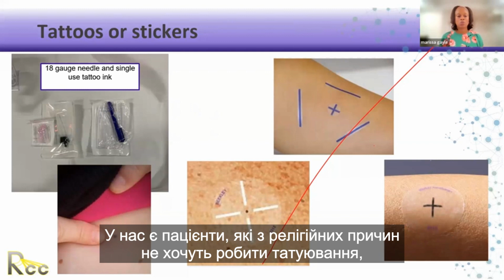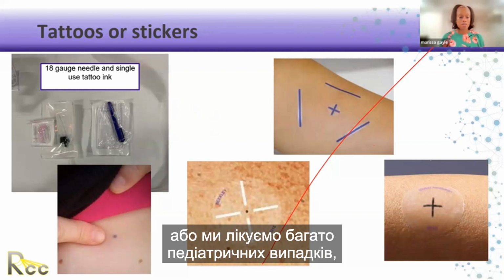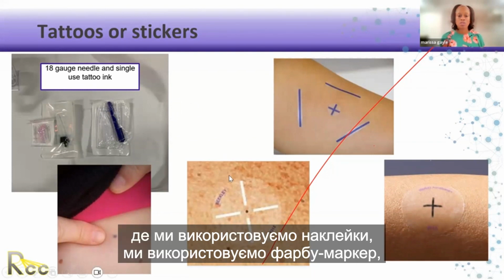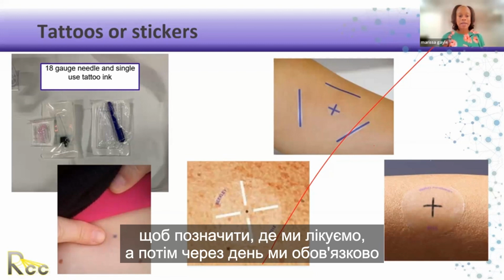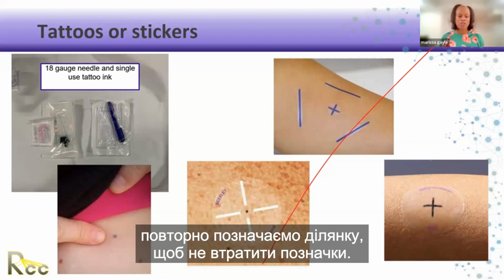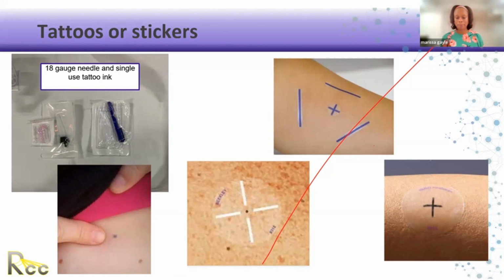We have patients who, for religious reasons, do not want tattoos, or we treat a lot of pediatric cases where we will use stickers, paint marker, or Tegaderm to mark where we're treating, and every other day we will definitely remark the site so that we don't lose the marks.